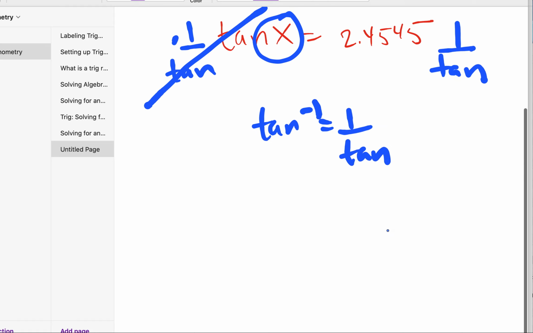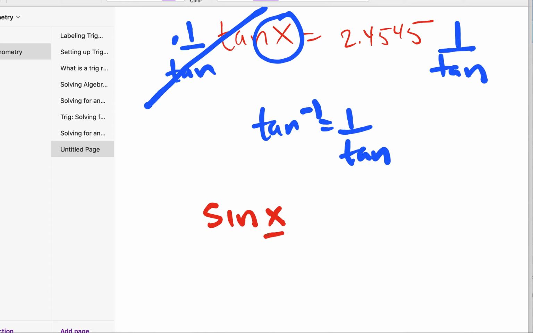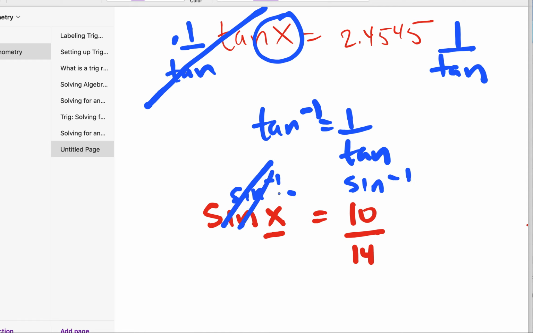That's why it gets rid of the tangent and leaves the variable alone. So whenever you have sine of an angle here, and you have a fraction or a decimal, to separate it, you're going to inverse both sides. Now the variable is isolated and by itself, and we know we have to push the inverse sine button.